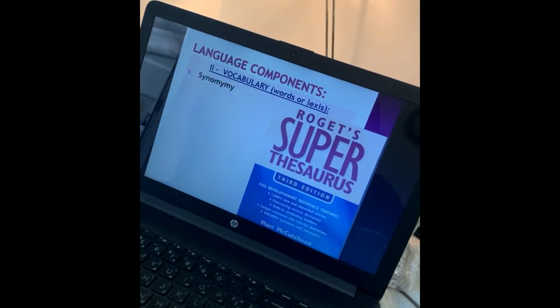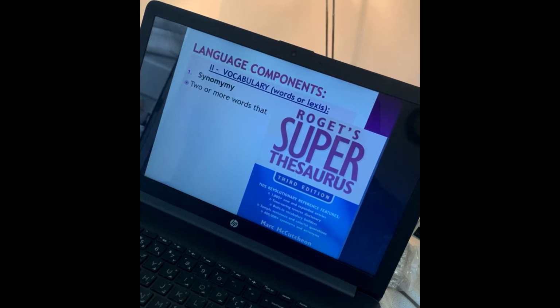Now here, when you are looking at some of the words, you need to look at synonymy. Synonymy means more than one word, for example, the words car and vehicle, sayyara, bus, hafila, and so on. So you are looking more at synonyms that can help you in translating.